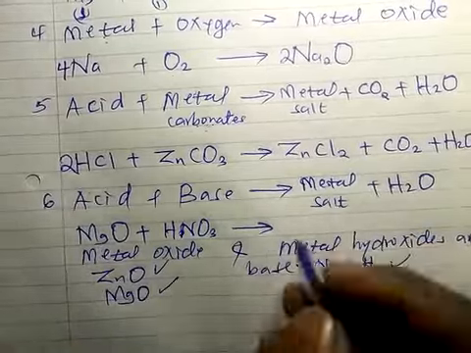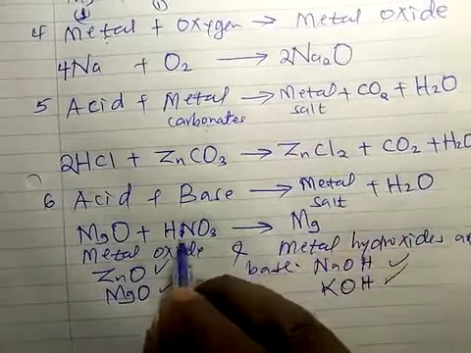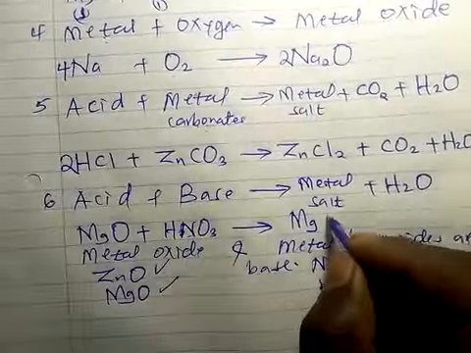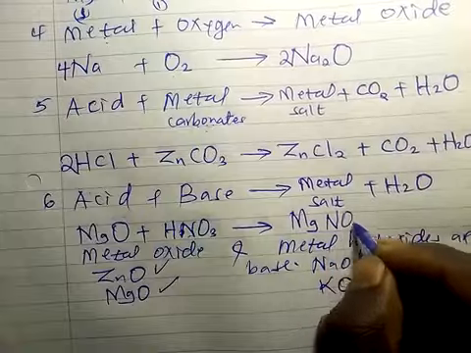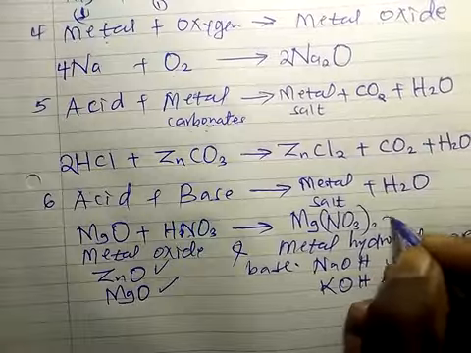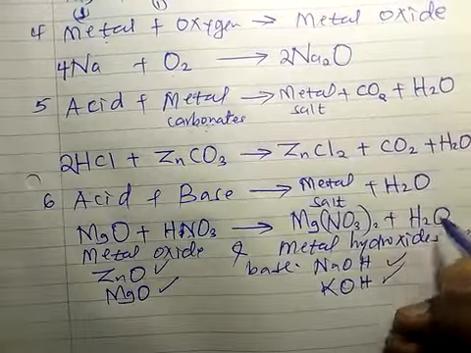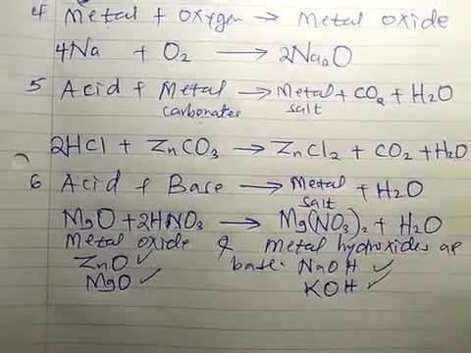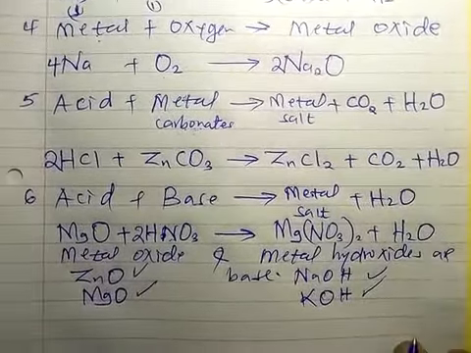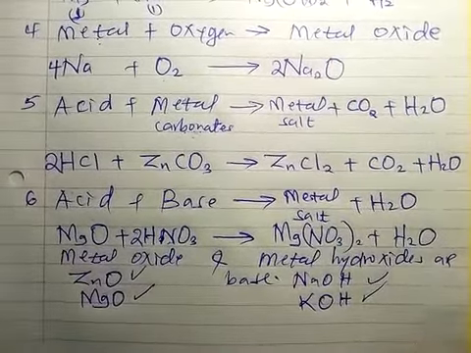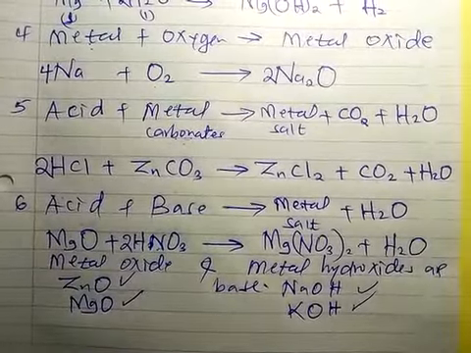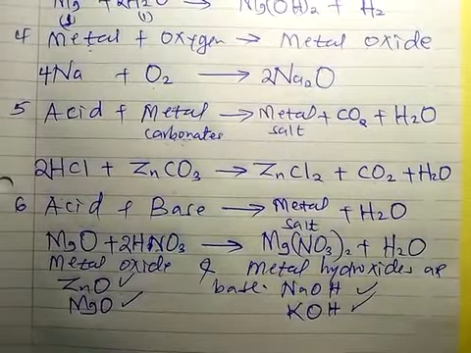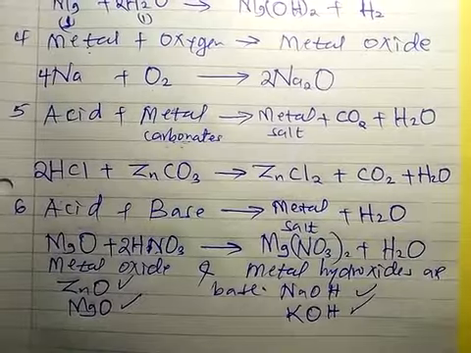The metal is magnesium, so you write magnesium. The salt comes from the nitric acid, so magnesium nitrate plus water. As simple as that. So you see, this general information is very, very important for you to write correct chemical equations, correct chemical formulas, and then balance the equation.